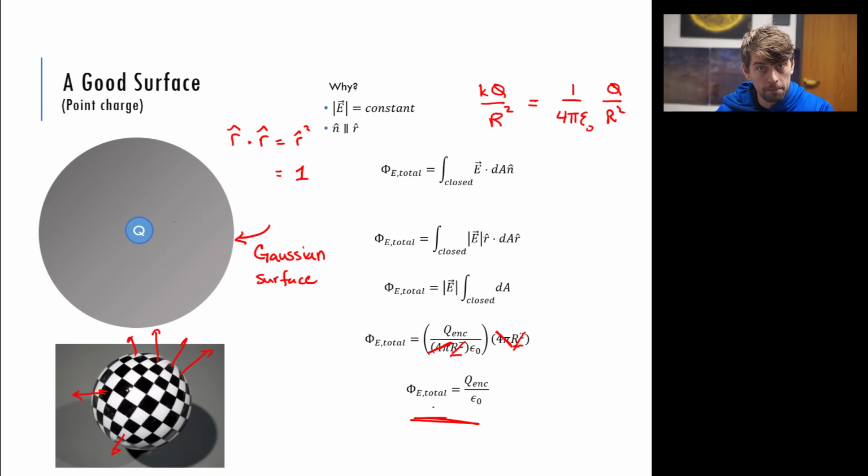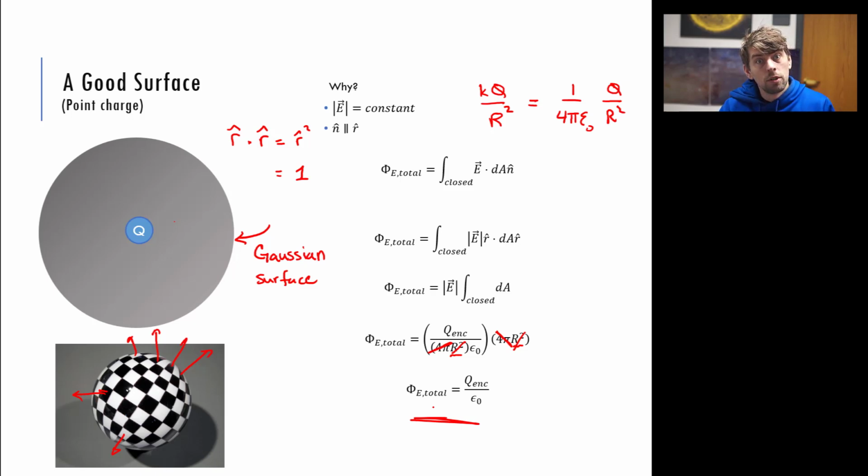You could flip it. We could say that Gauss's law is correct, and we would be able to rederive the Coulomb force law. Gauss's law is always true. It is not always useful.